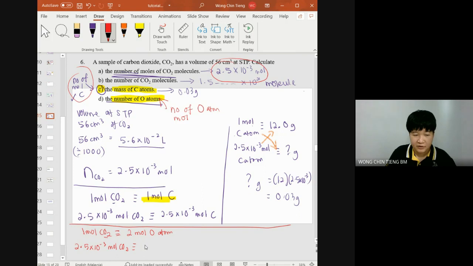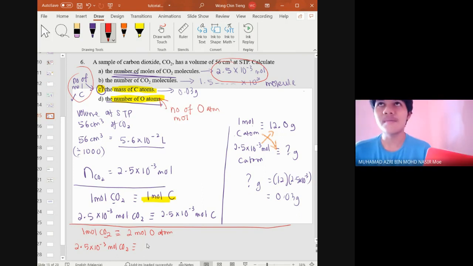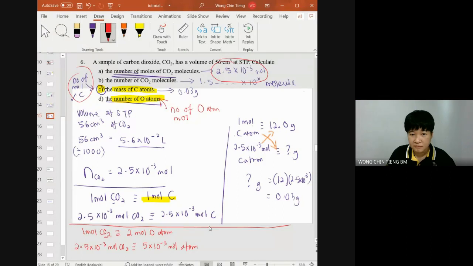Saya nak dalam scientific notation: 5 darab dengan 10 kuasa negatif 3 mole of oxygen atom. Question asking for number of oxygen atoms. So what is our conversion?